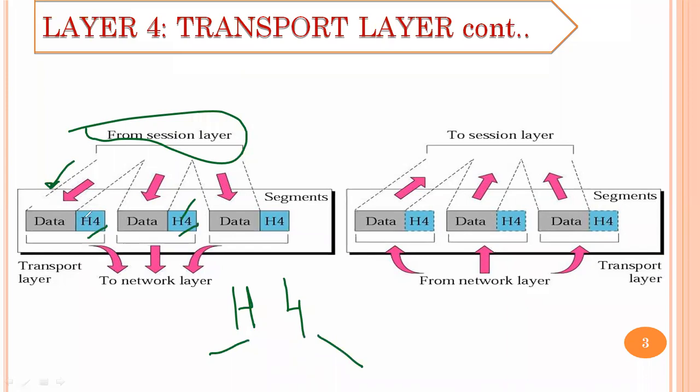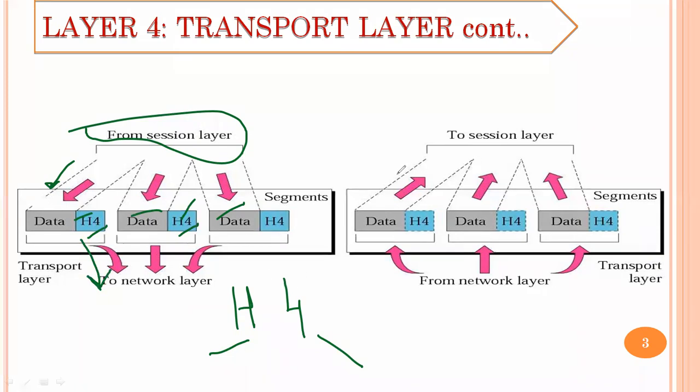To the packets, the header is added. A lot of information is there: the source address, the destination address, the sequence number of the packet, and at which port the data is being received, because different data is received at different ports. This information will be put in header 4, and those data packets will be transmitted to the network layer.